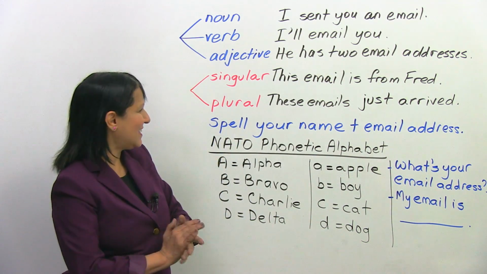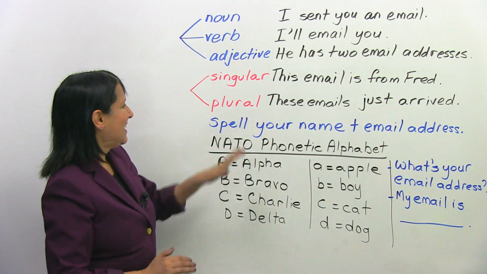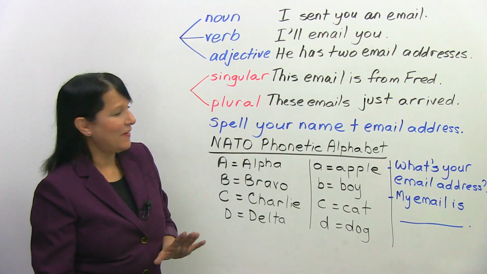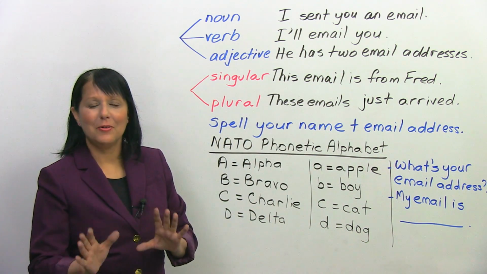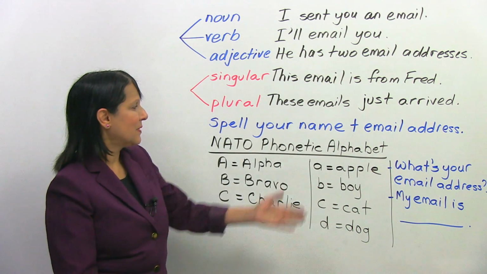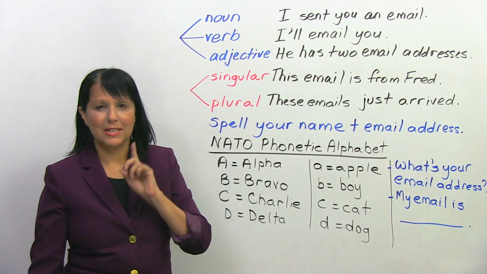All right? Next, we can use another controversial subject. We can use email in a singular format or plural, all right? And there are a lot of arguments about how exactly we can do that. But again, I'm going to tell you what most people are doing today. This email is from Fred, okay? 1 email.